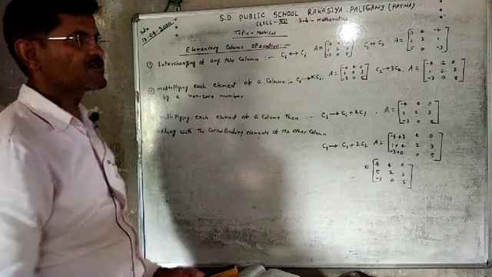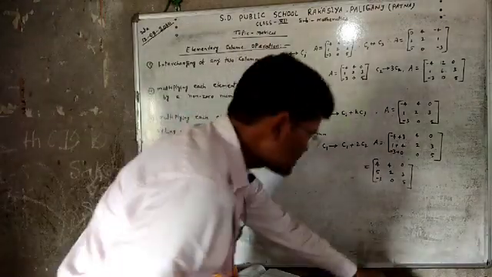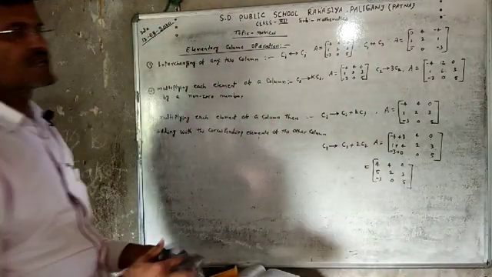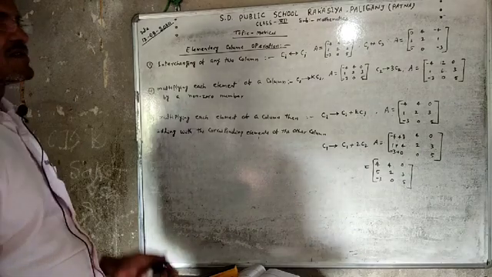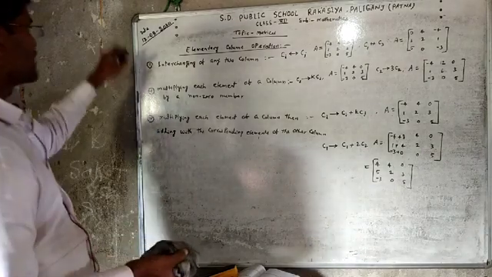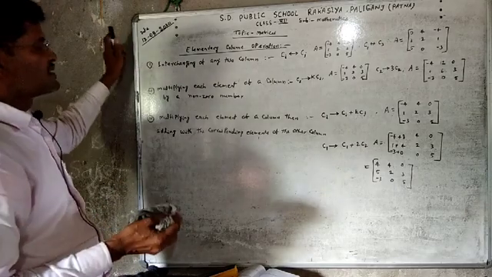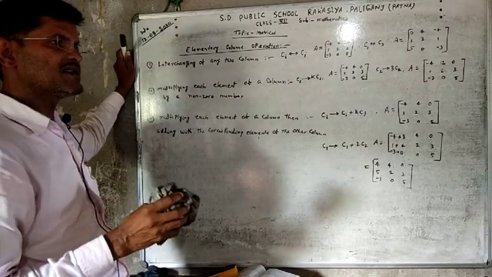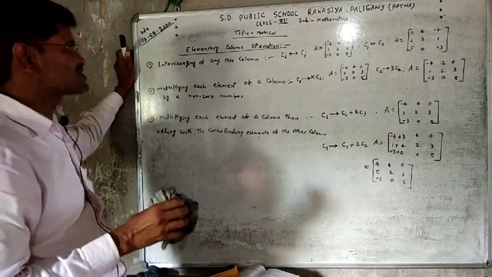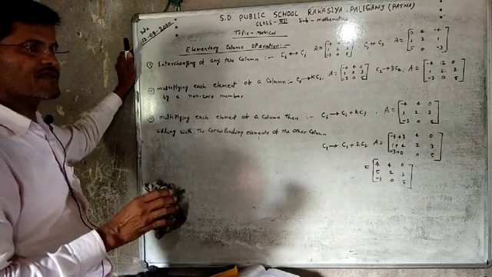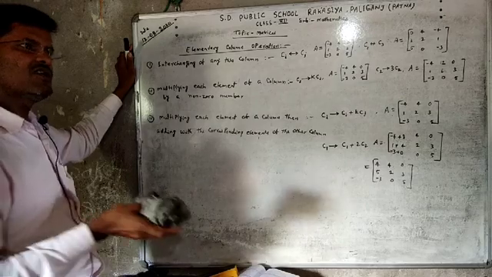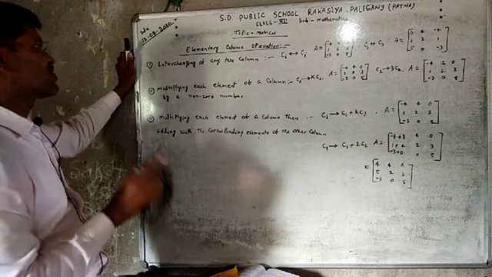Now we know about the invertibility of the matrix. Now I am going to teach you the inverse matrix: to find the inverse of any matrix by elementary row operation, elementary column operation, or both elementary row and column operations.